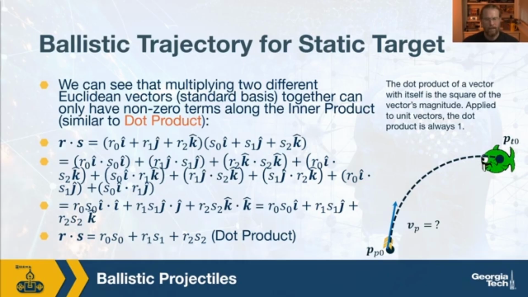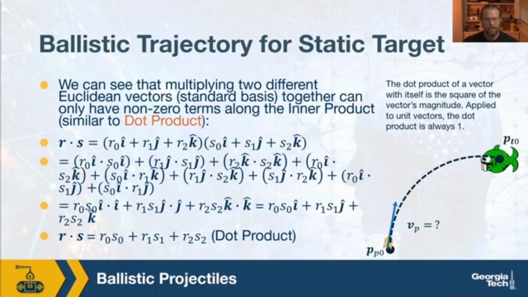And so you'll end up with some terms like r sub 0 i times s sub 0 i. So you have a whole set that are matched, like an i unit vector times an i unit vector with associated coefficients. But there's also some here that are mismatches, like i and k, or j and k, and so on.